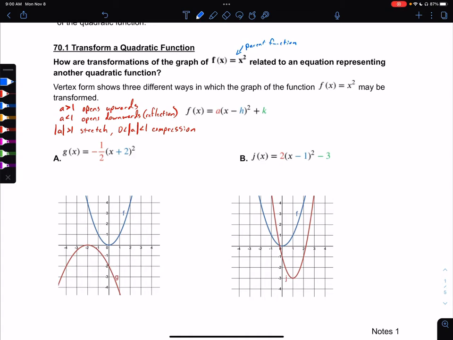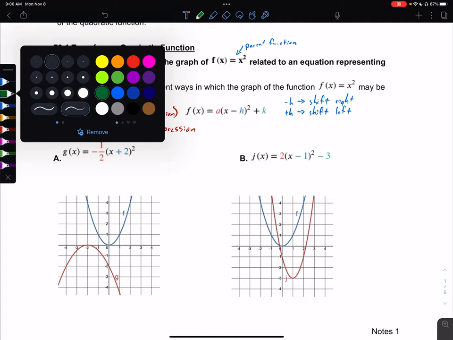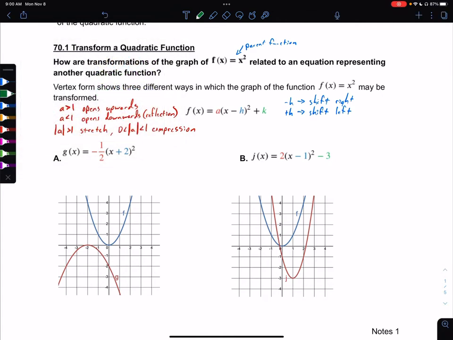Next, we have the h value. Remember, these are backwards, so if we're subtracting h, there is a horizontal shift right. If we add h, there is a shift left. And then finally, our k value, this is vertical.